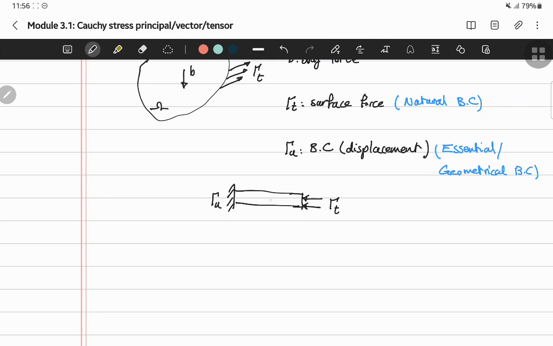And you have, for example, your body forces. Let's say that it is a one-dimensional kind of problem. So you have B, and here is your, let's say, X. So B is a function of X. So you have your body force B in here.